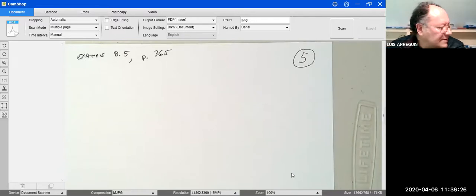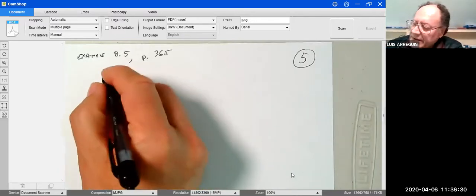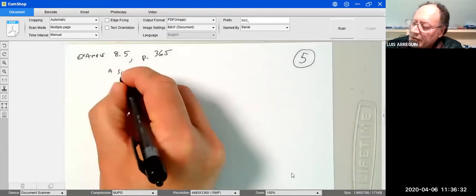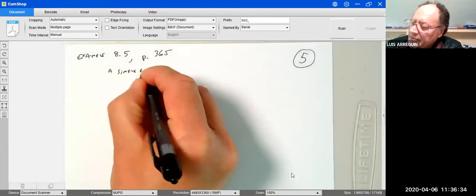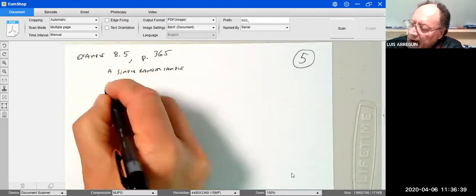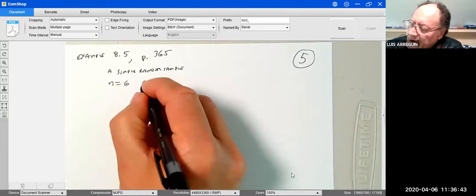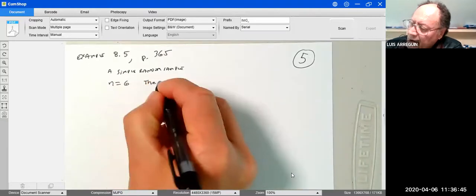We already read that it's a simple random sample. We have n equals 6, but the population is normally distributed.